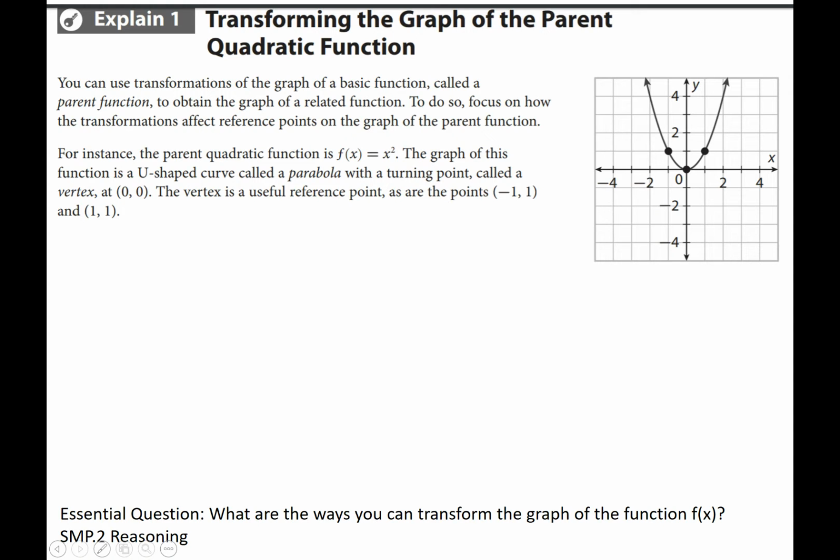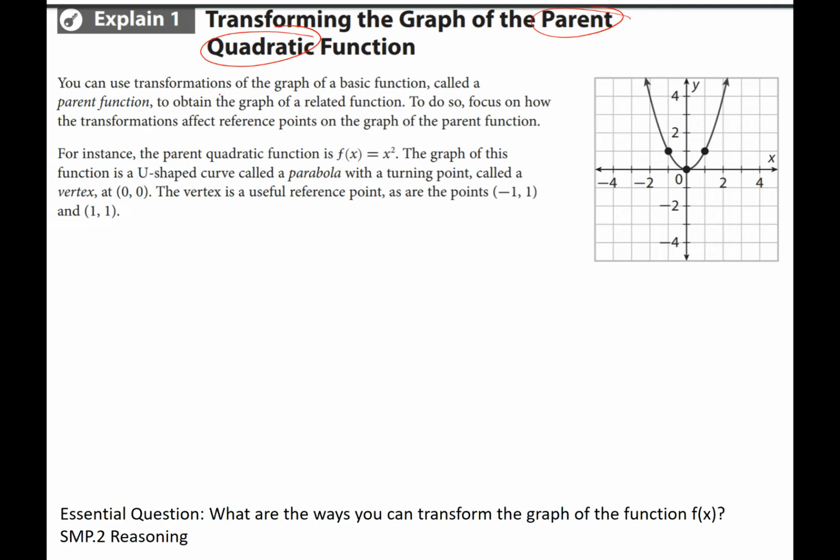A quadratic function, remember, is an x squared function, and it makes that U-shaped curve. That's a parabola. You probably talked about that in Algebra 1. And then remember, a parent graph is the absolute most basic function that you can do in any function family. So like for lines, we would be talking about the line y equals x. For parabolas, we're talking about y equals x squared.